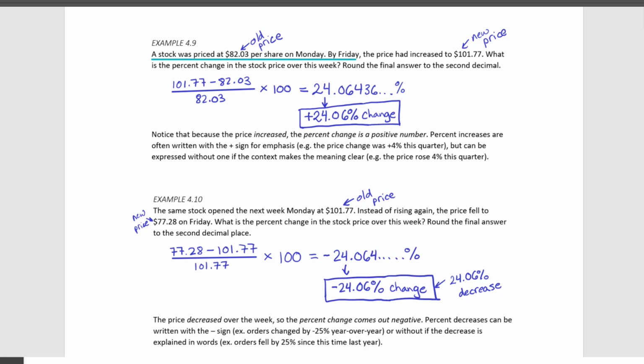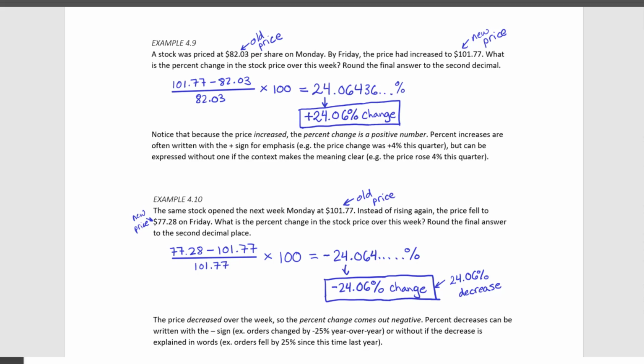In week 1, it started out at $82.03 per share. It went up 24.06% over that week to a new price of $101.77. The next week, it started at $101.77 and fell to $77.28. That's lower than it was at the beginning of week 1.